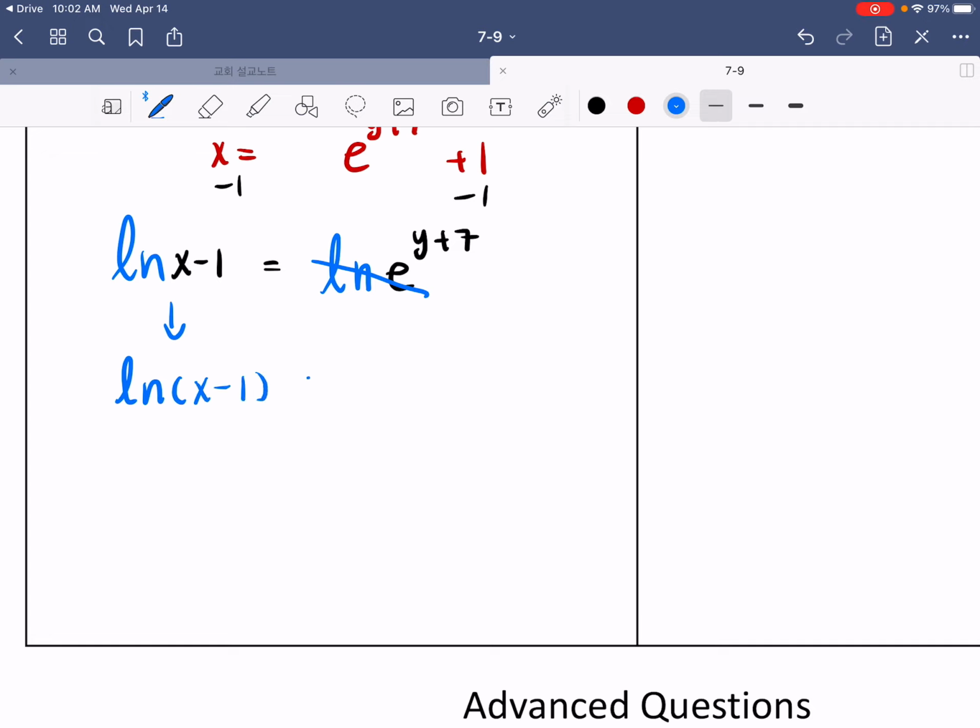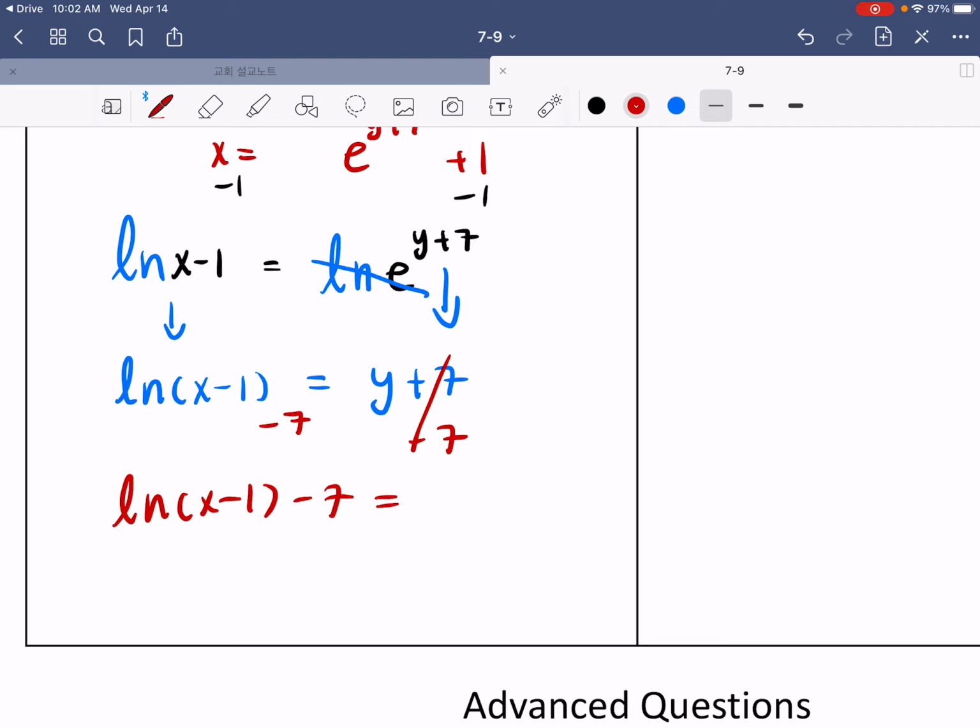Don't forget to put parentheses, otherwise it's going to be confusing. On the right, you just have y plus 7 left over. Subtract 7 on both sides. You will get natural log of (x minus 1) minus 7 equals y.